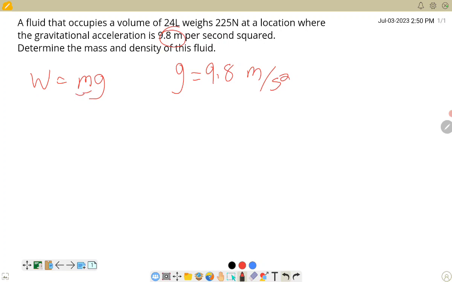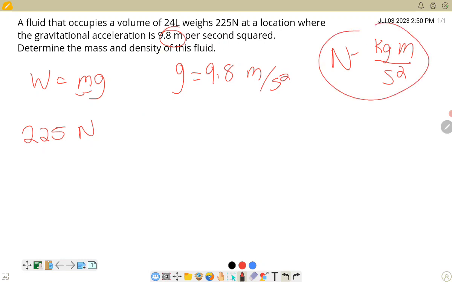And what we need is the mass, but we also know what the weight is. So we have 225 newtons, and we should note over here that a newton is the same as a kilogram meter per second squared. This is going to be important. So the units are going to be important in this problem.